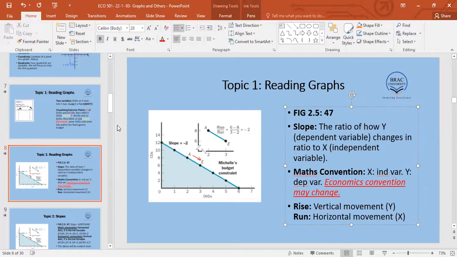Does anybody remember what a slope is? If you've forgotten, don't worry, I'll answer the question. But does anybody remember what a slope is from high school? Sir, gradient.